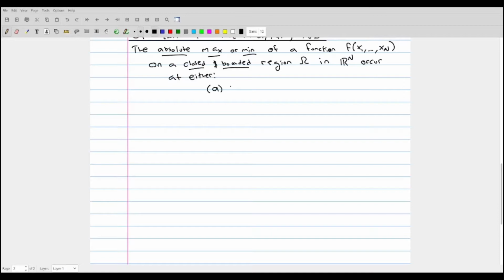The first possible location is at an interior critical point inside the region omega. So remember, this is a point of two possible types.